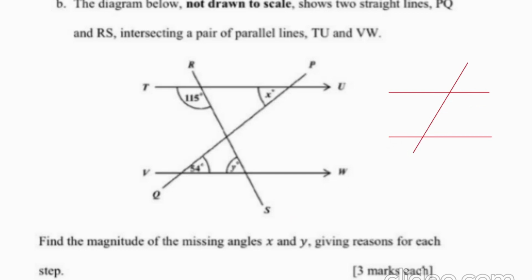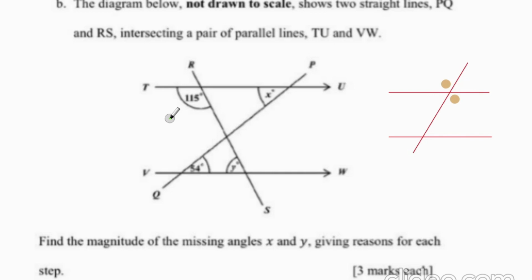So the first thing I want to remind you of is that the angle here is equal to the angle here. Similarly, the angle here is equal to the angle here. Just keep that in mind.